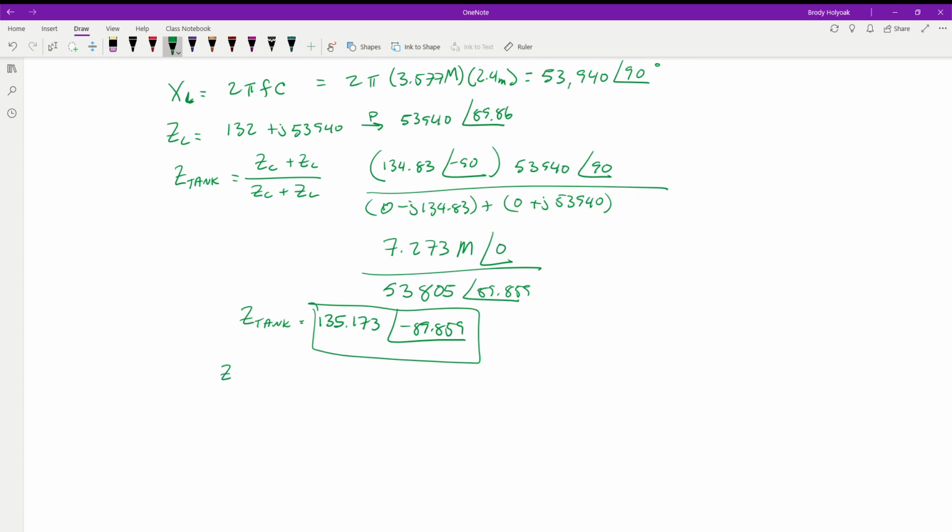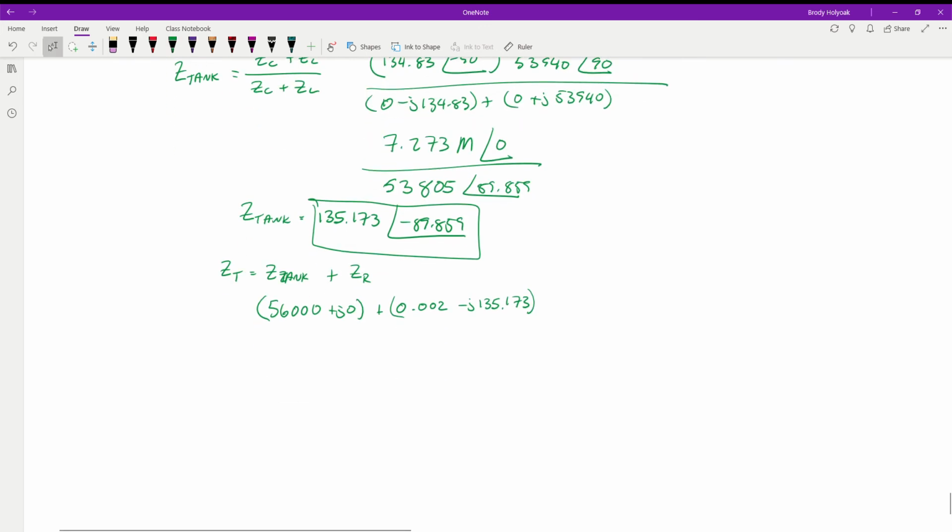Now we need to solve for our Z total. We're going to add our Z tank plus the impedance of our resistance. So we have 56,000 plus J of 0, added to 0.002 minus J 135.173.